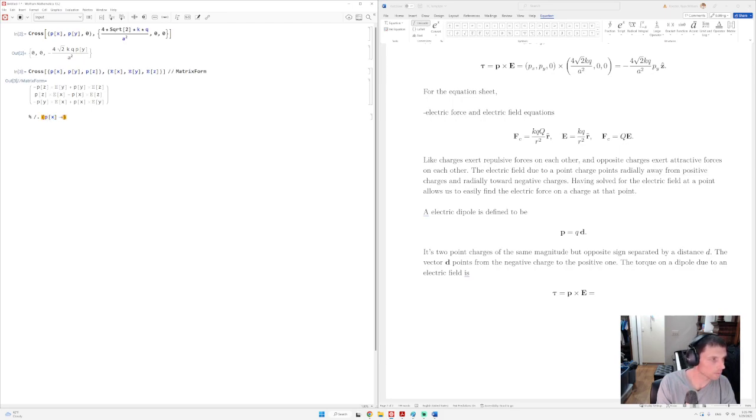So we're going to say that px is px, py is py. I don't normally write things out using subscripts in Mathematica because sometimes it acts a little weird, but I think at this point it's fine. I hope it doesn't do anything crazy.